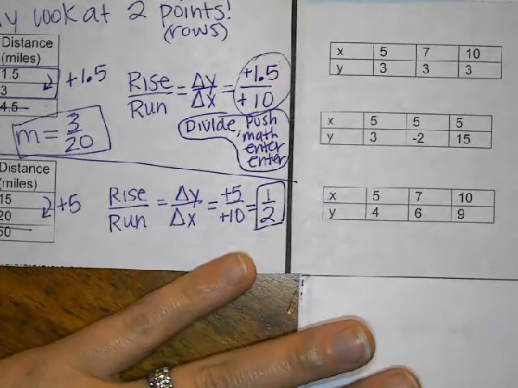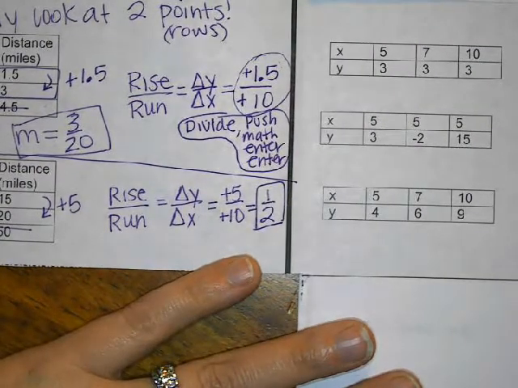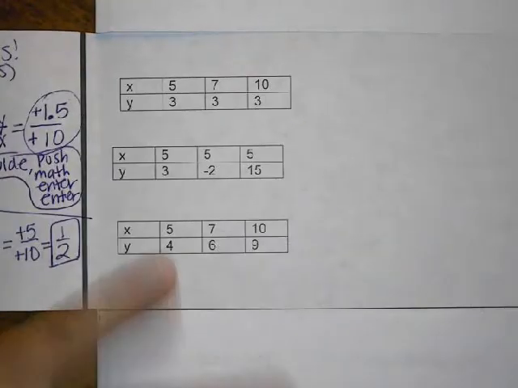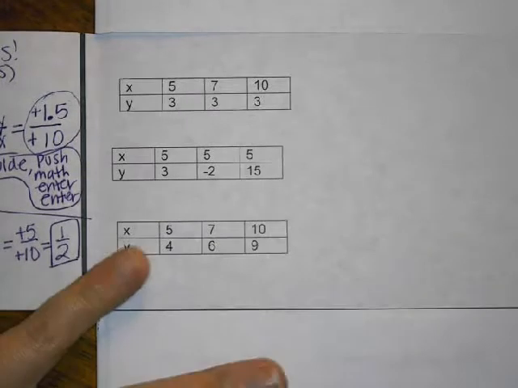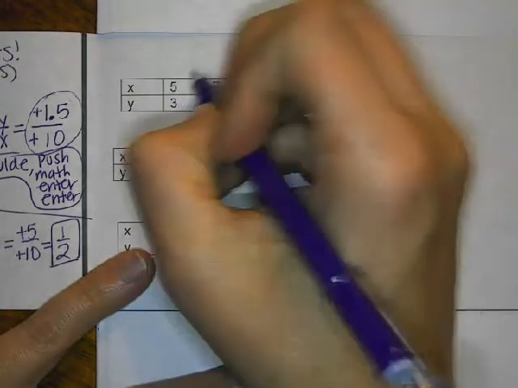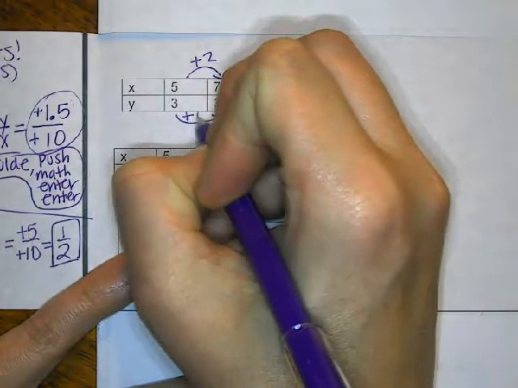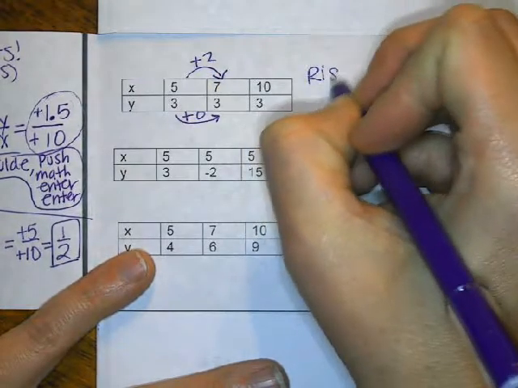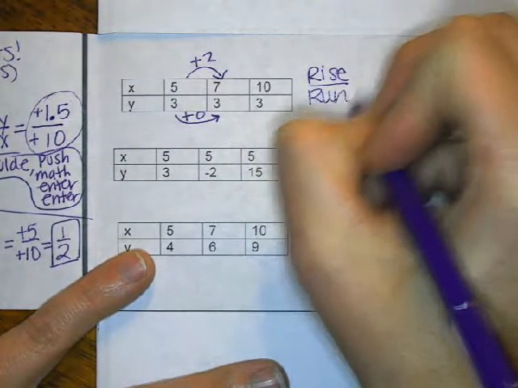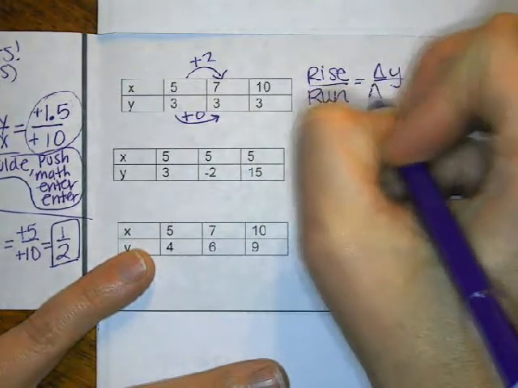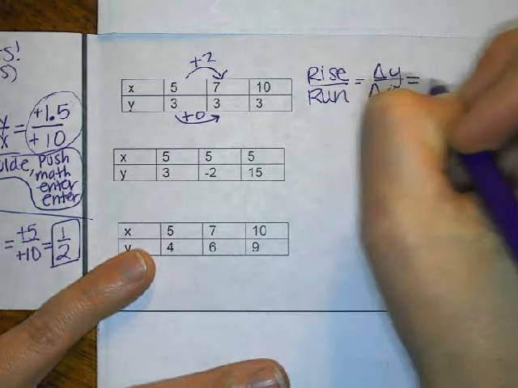Alright, so now let's look at these sideways graphs. We're going to do the same exact thing, except this time our graphs go sideways. My change in x is plus 2, and my change in y is plus 0. Remember, it's rise over run, where rise is the y's, so change in y is going to be first.